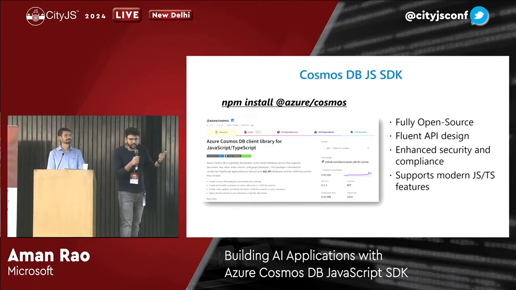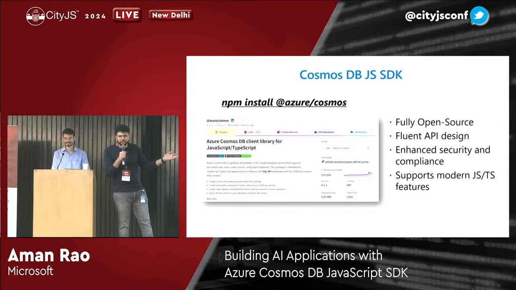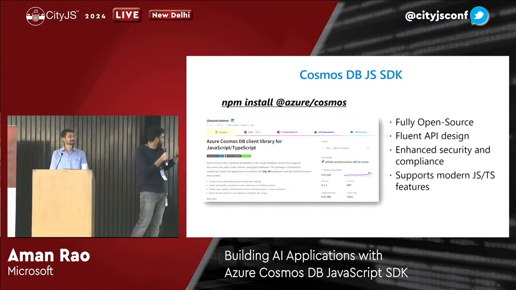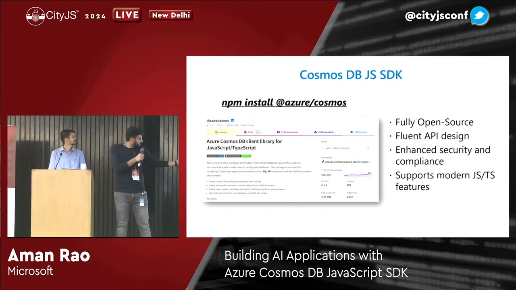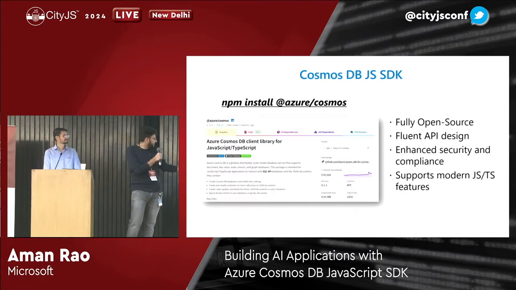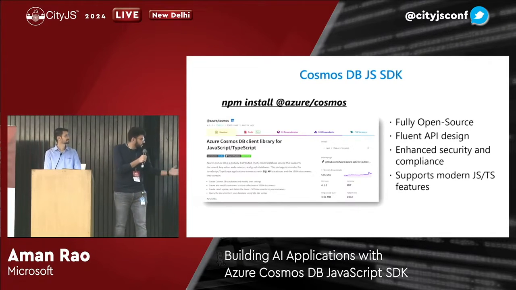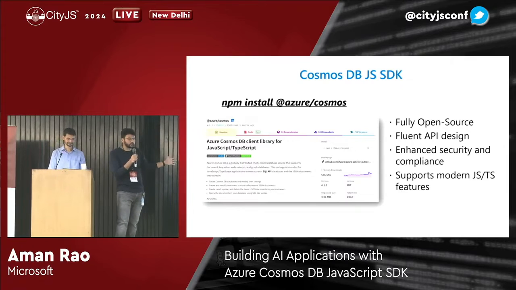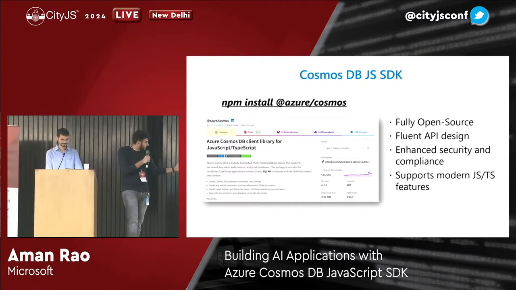If anyone wants to see the code, they can do that. If they want to open a bug, contribute, or request a feature, we are always open to that. Some of the benefits of our SDK are that it follows fluent API design, has enhanced security and compliance, and supports all the modern TypeScript and JavaScript features.